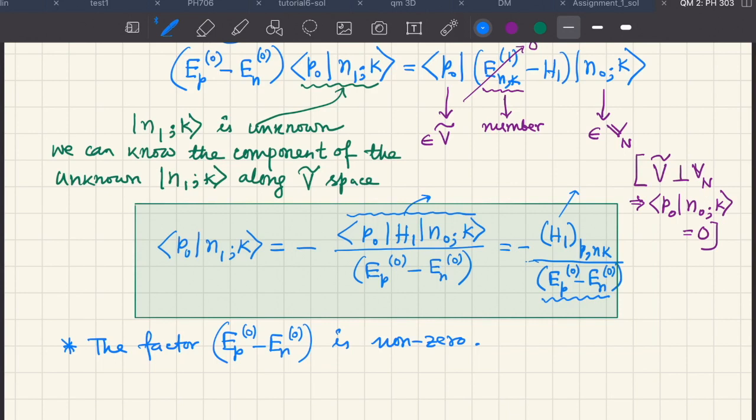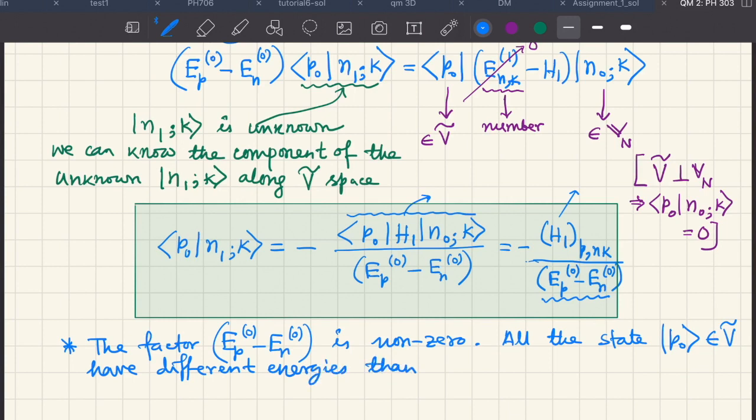It is because all the states which are denoted by this P0, that are in V tilde, have different energies than our degenerate ones, or degenerate energies E_n^0, because all the degenerate states at the unperturbed level have energies E_n^0, and of course these are not same as the non-degenerate energy eigenvalues.